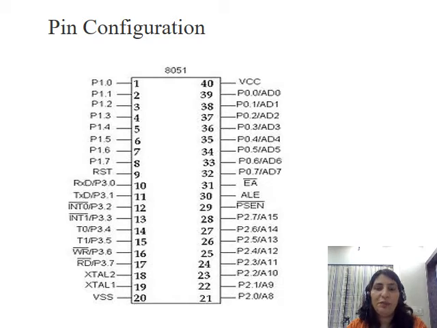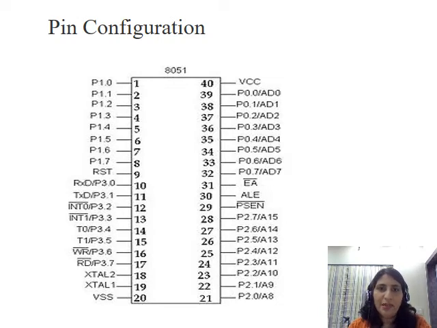8051 has 40 pins. In my earlier slide, I have explained that it has 4 ports, port 0, port 1, port 2 and port 3. Each port has 8 pins and these ports act as input output lines.